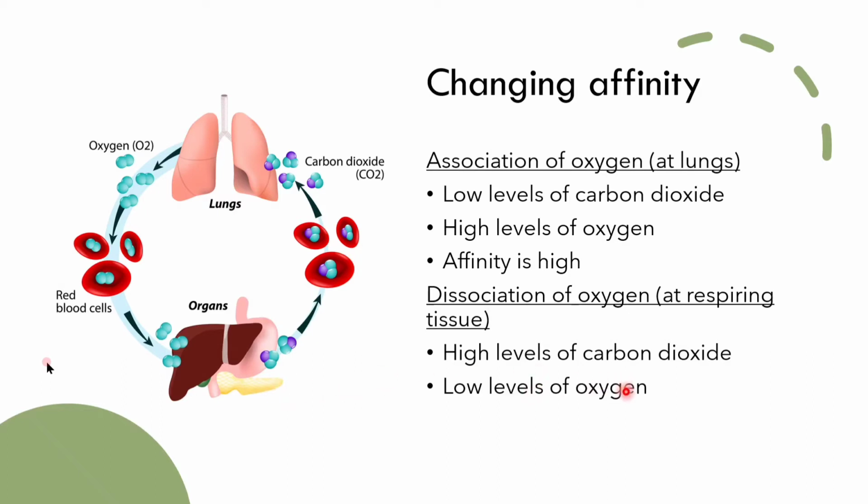And the levels of oxygen will be low, because they've been using the oxygen in aerobic respiration to produce this carbon dioxide. In these conditions, the affinity of hemoglobin to oxygen is low. So high levels of carbon dioxide and low levels of oxygen decrease the affinity to oxygen, so oxygen is dissociated from hemoglobin. It is released to the respiring tissues.